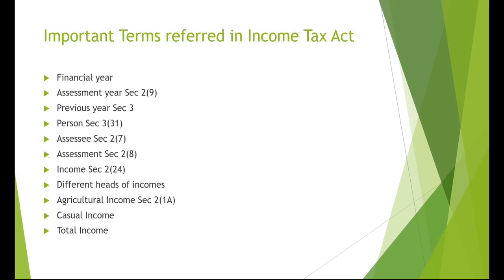Here, any rent or revenue derived from the land may be from the sale of a standing crop, or, for example, sometimes the person might have given the agricultural land on a rental basis for cultivation, and if he receives the rent from the tenant, that is also considered income from agriculture. So any rent or revenue derived from a land which is situated in India and is used for agriculture purposes. This is most important.